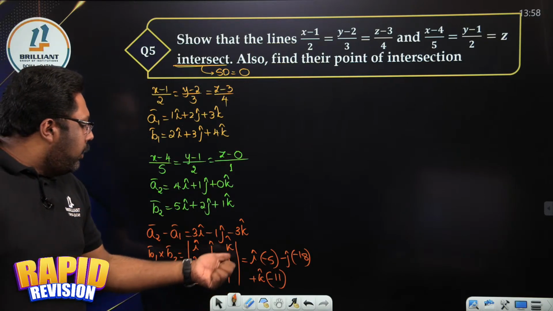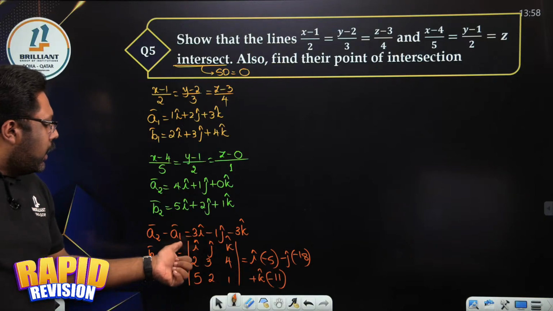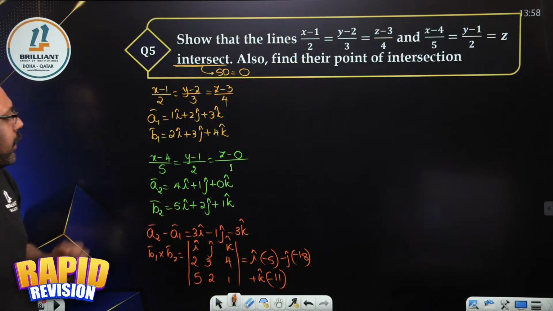Okay, 3 minus 8 minus 5, 2 minus 20 minus 18, then 4 minus 15 minus 11. So I got my b1 cross b2.